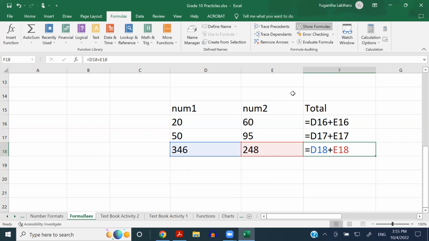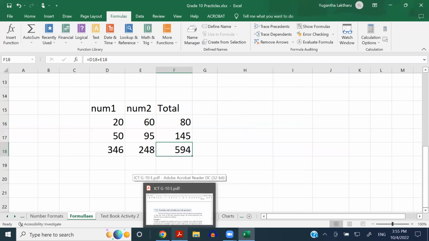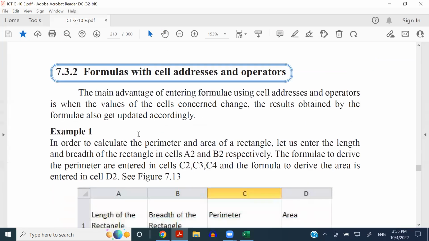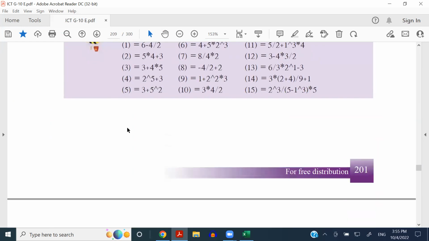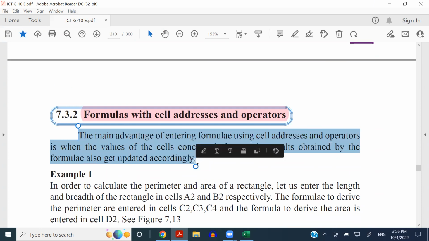Hold on. Come up with the heading: formulas with cell addresses and operators. So it's the new heading. And this part as well.